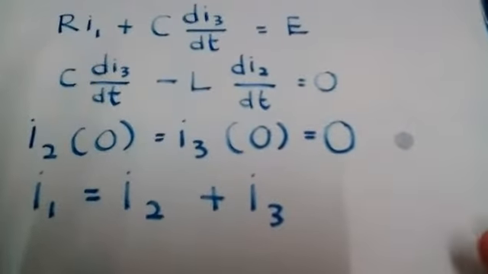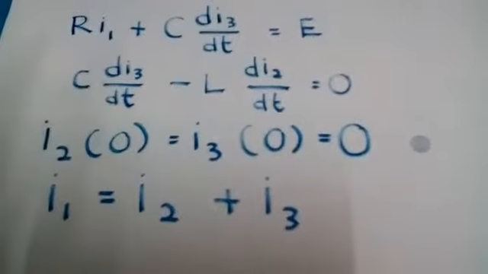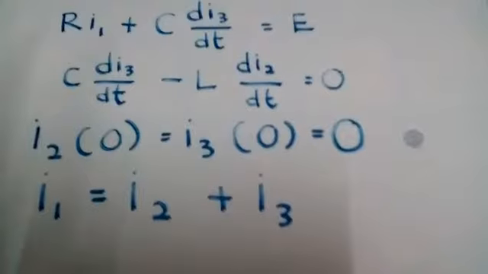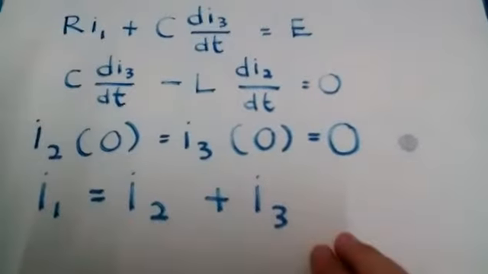Actually we can get more, but we just need three of the equations because we have to find three unknowns, which are I1, I2 and also I3.